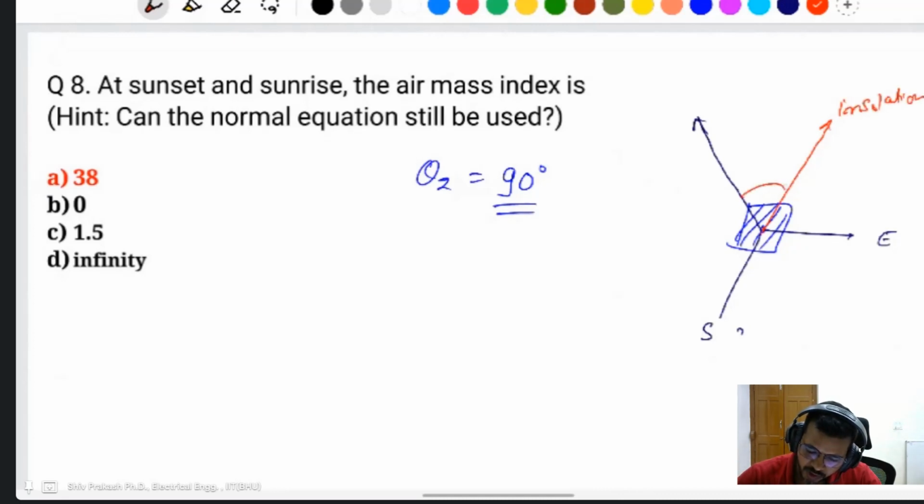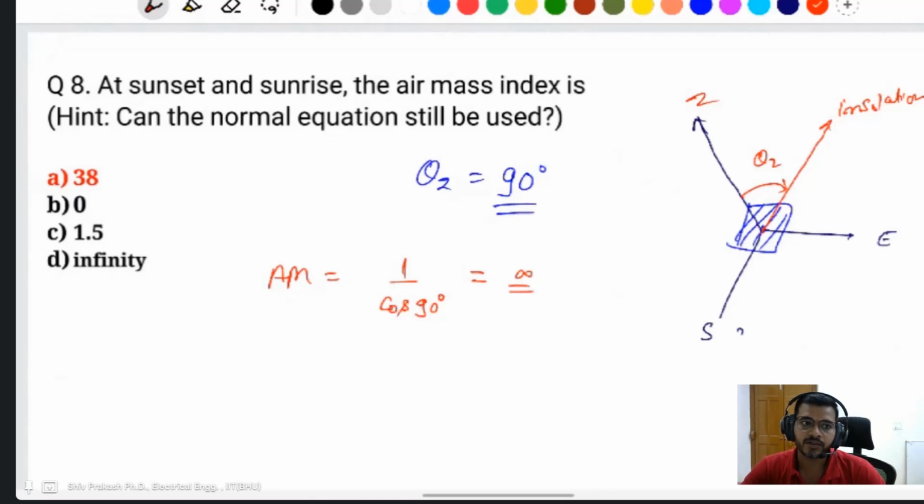In insolation, this will be the zenith axis, zenith angle. It will vary from 0 to 90 and 0 to minus 90. Then air mass index is 1 by cos of 90 degrees. It will become infinity. But in practical cases, it will not be infinity. The maximum will be taken as 38 only.